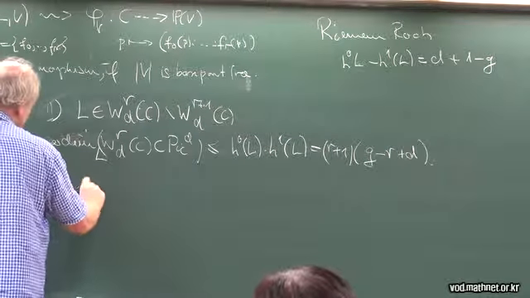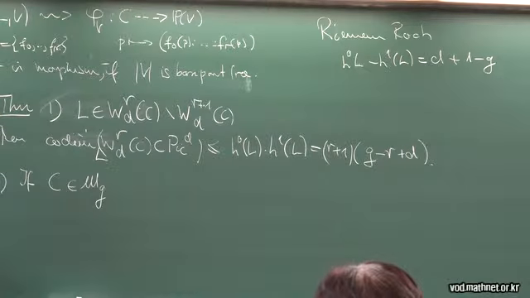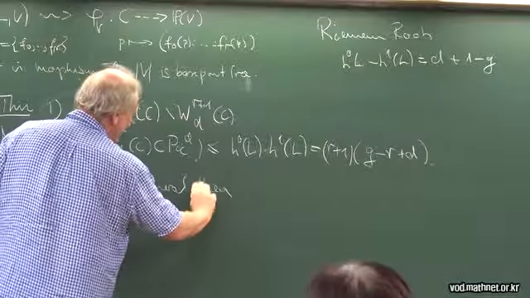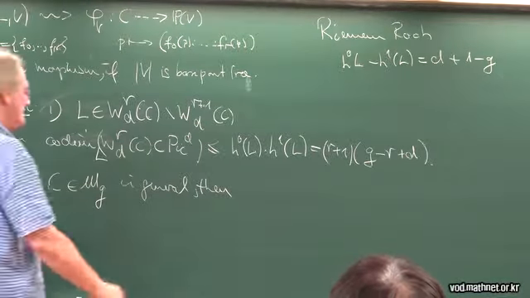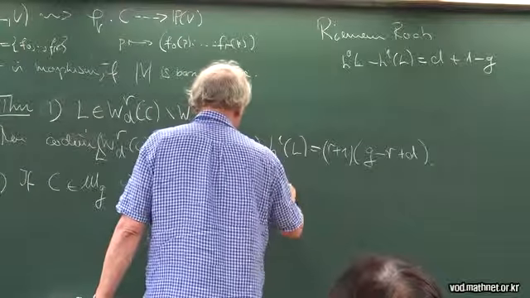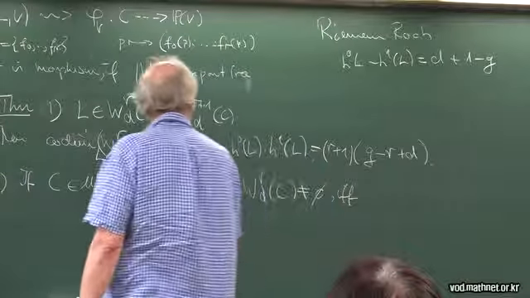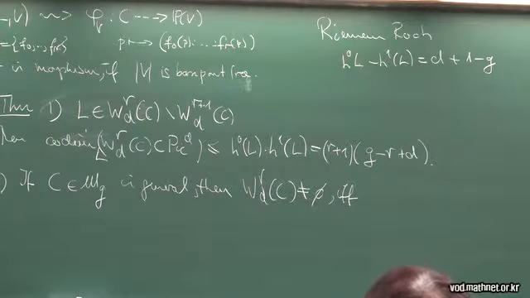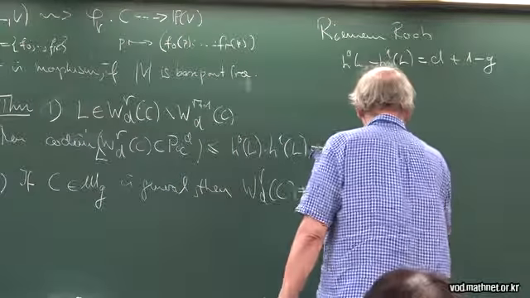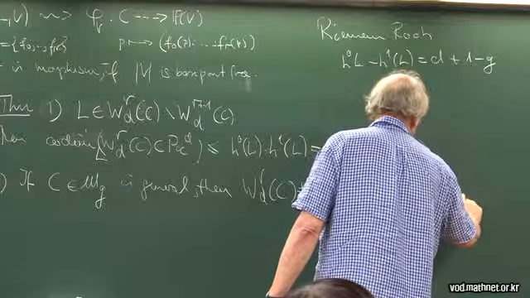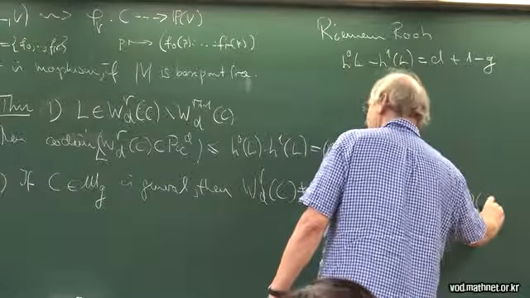The second statement: if C in the moduli space M_g is a general curve, then W^r_d of C is non-empty if and only if rho of (g, r, d), which is defined to be g minus (r plus 1) times (g minus r plus d), is non-negative.